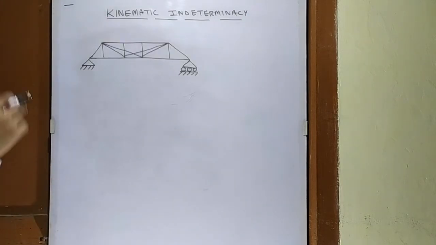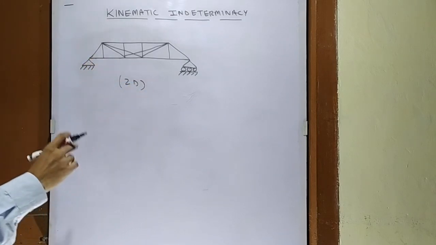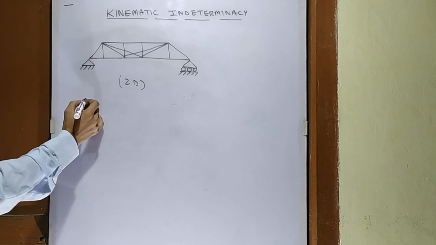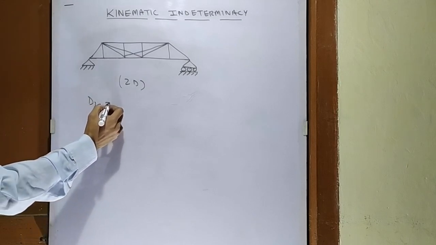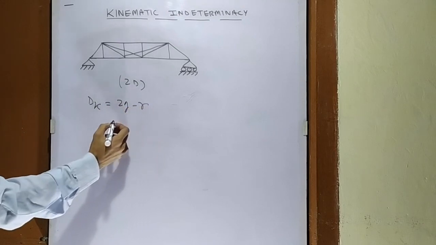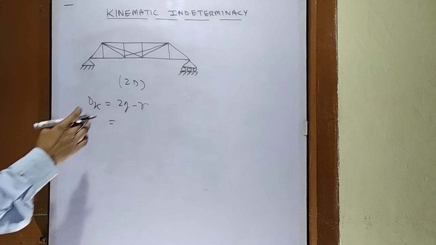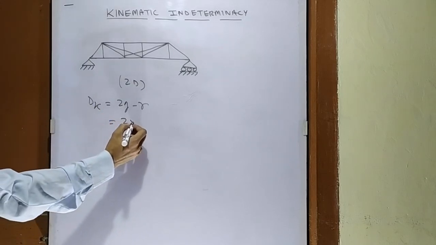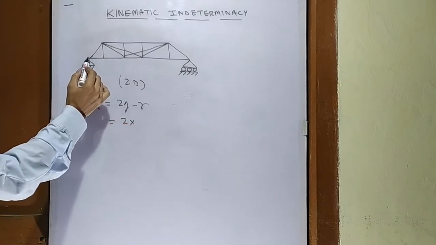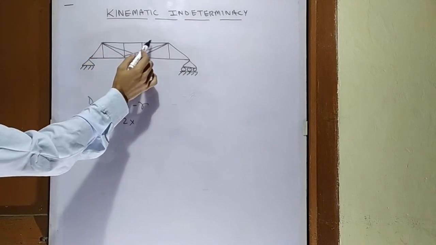So let us try to solve this example. This is a case of a 2D pin jointed truss, and we can just use the formula which I have just told you. So it will be 2j minus r, because there is no internal release or internal hinge, gamma will be 0. And for 2j, what is the number of joints in this structure? 1 2 3 4 5 6 7 8 9 10.